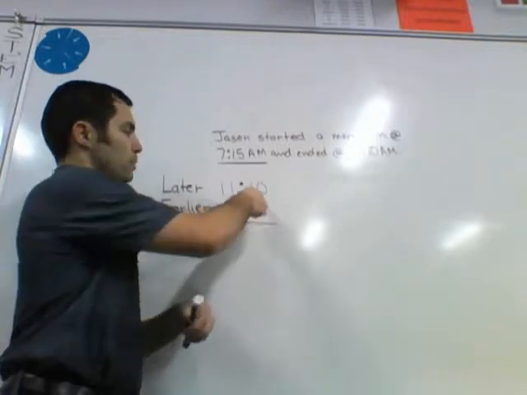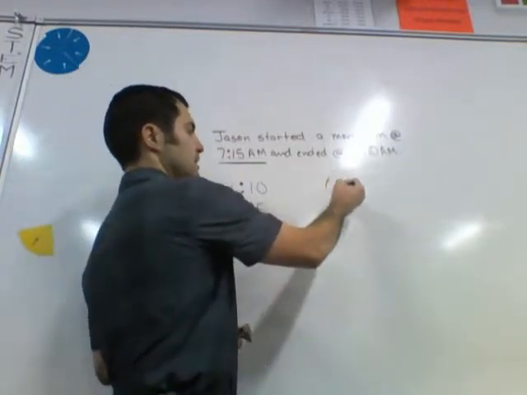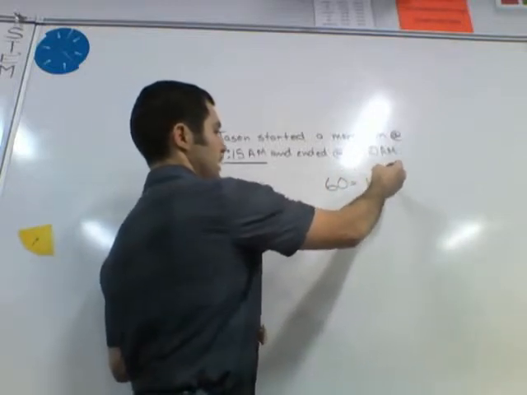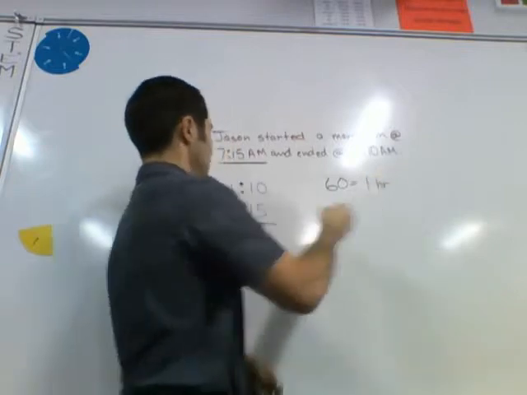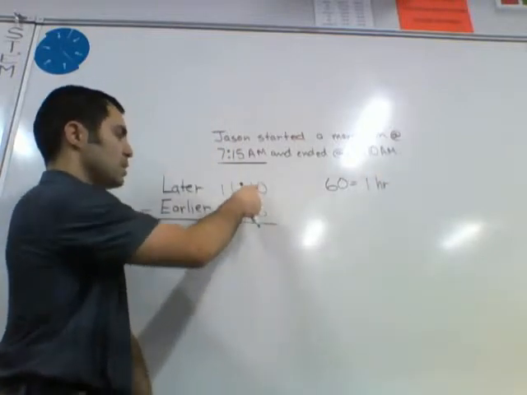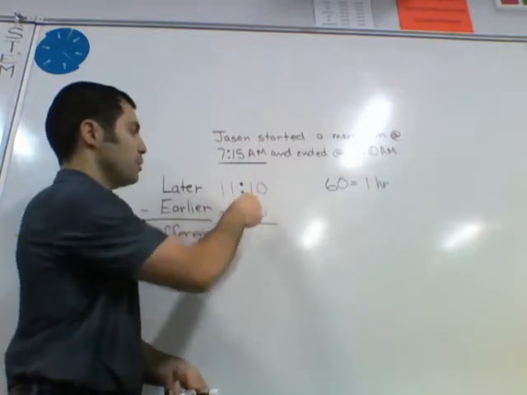Okay, so how you do this is you have to realize that 60 minutes is equal to 1 hour. So let's take 15 and subtract it from 10. You can't, which means you have to borrow an hour and put it over here.